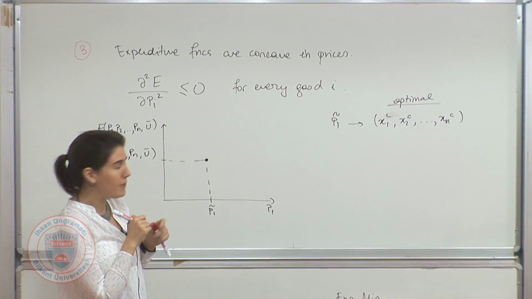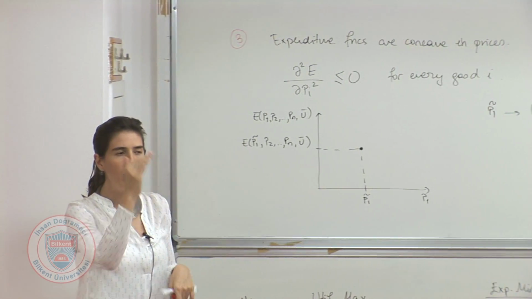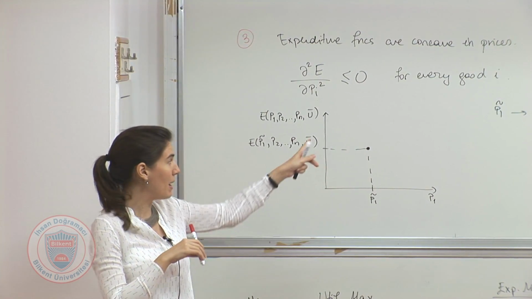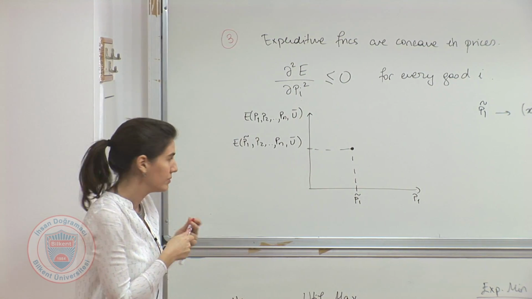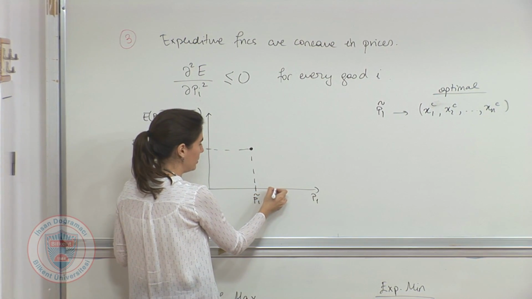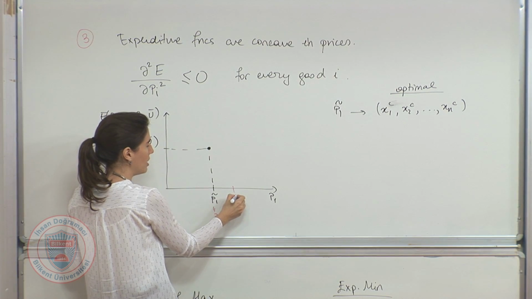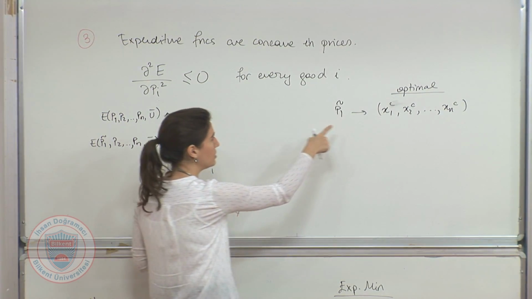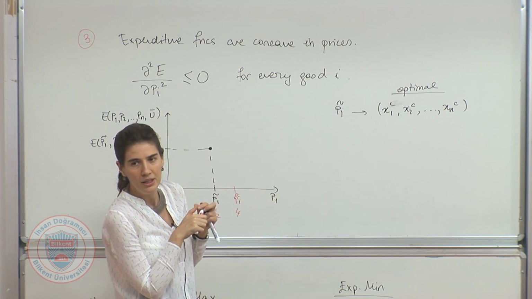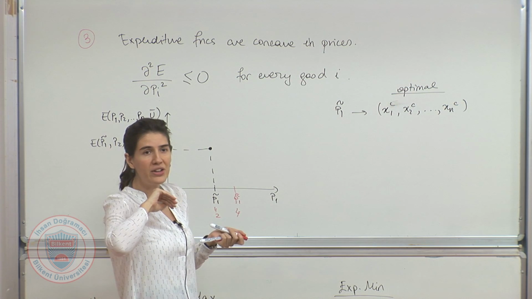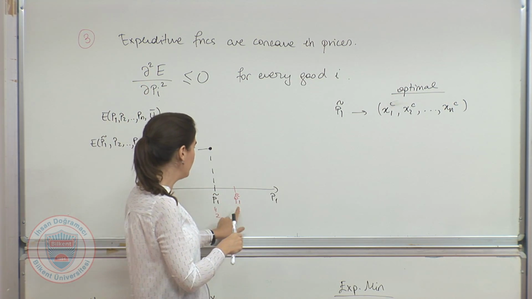Now, suppose I want to increase my price. If I keep on consuming my previous optimal bundle, how do you think my expenditure will change? Suppose this was 2, now it's 4. Let's call this P1 double tilde. If I want to consume exactly the same bundle, it's going to increase in what fashion? Exponentially, or it's going to double.